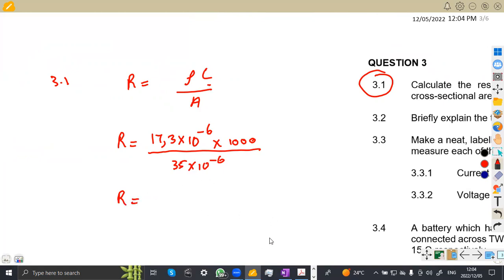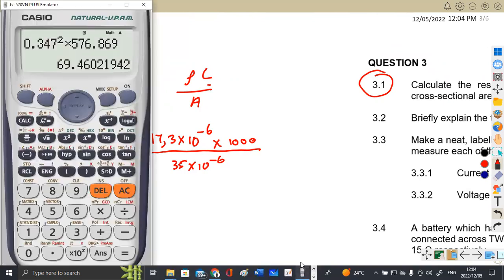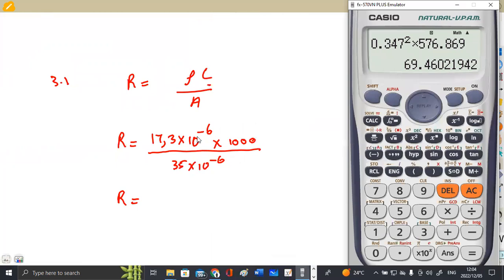All right, just checking here, we can see that some of the things are just repeating here. Times 10 power minus 6 can cancel. Or if you didn't see that, then you just have to use your calculator directly. 17.3 multiplied by 10 to the exponent of negative 6, whatever that gives, multiply by 1000, divide by 35 times 10 to the exponent of negative 6.